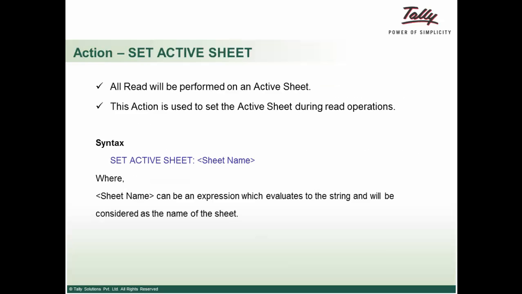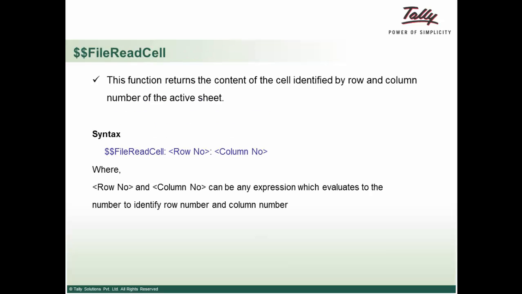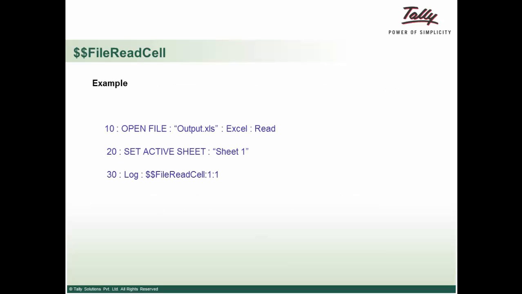There would be multiple sheets, so first of all you need to set a sheet active. The action is set active sheet, and you provide the sheet name. Then read from cell: you need to specify the row number and the column number.